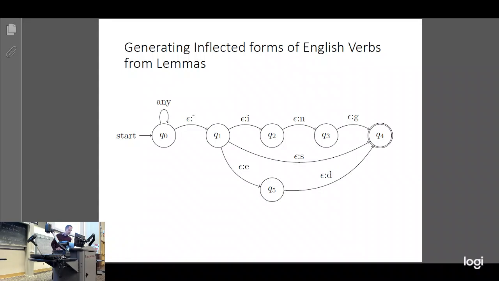So if we have this FST here, and we feed it the word walk, W-A-L-K, and we assume that the symbols on the left are the input symbols and the symbols on the right are the output symbols, then what is our output from this FST?